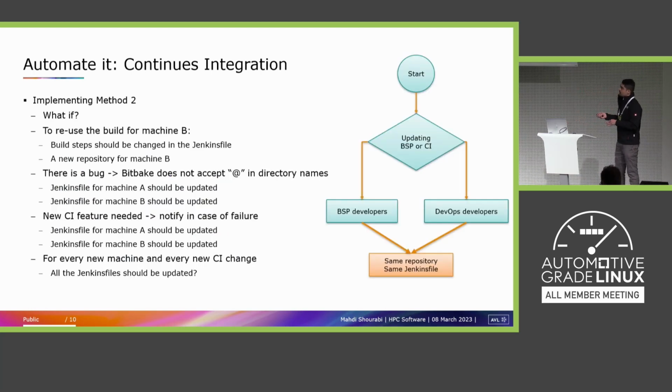So if we continue with this method, what happens next is that if we want to reuse this build infrastructure for a new machine, machine B, we need to again change everything in the Jenkins file, and we need to create a new repository for machine B. What if there is a bug, and this is a real-life experience, that Bitbake may not accept this character in directory names?